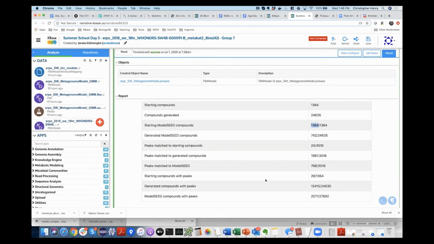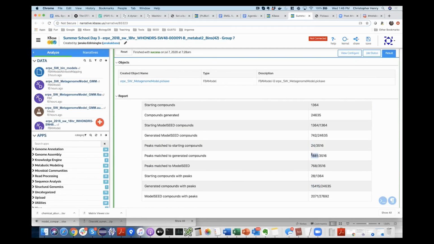The starting compounds that hit the peak, there's 28. So there's 28 compounds in the model that hit 24 peaks. This is a very important thing to drill in. Multiple compounds will hit the same peak because multiple compounds will have the same formula. There's 15,000 generated compounds that hit 1,800 peaks.